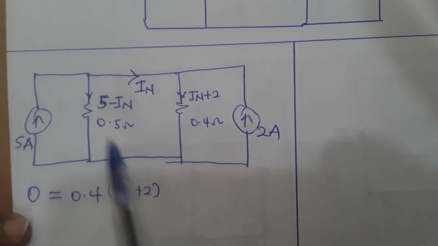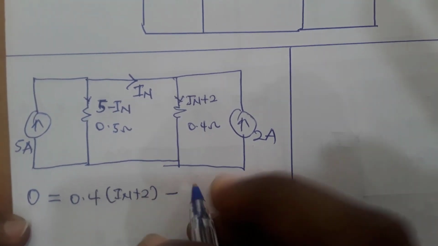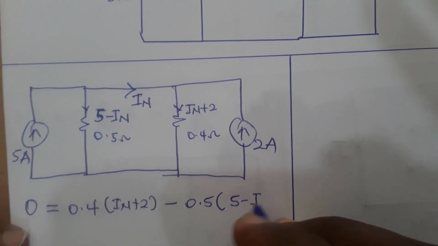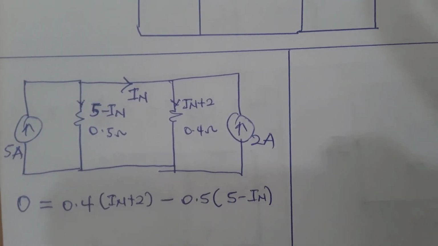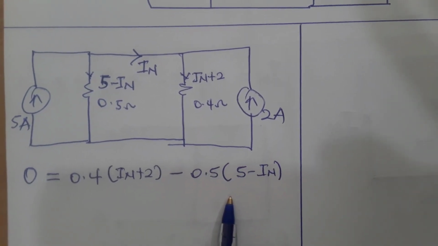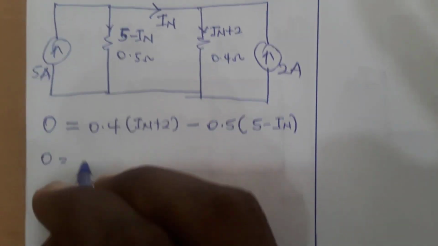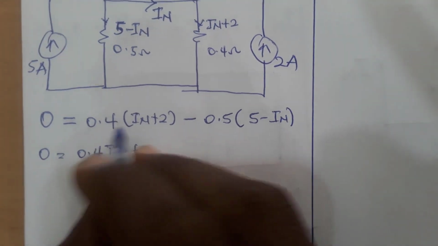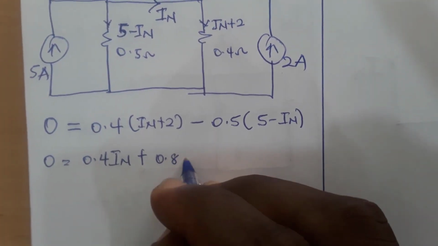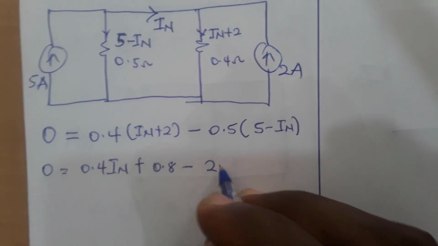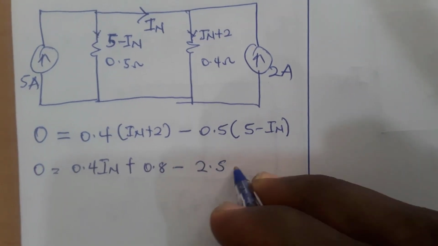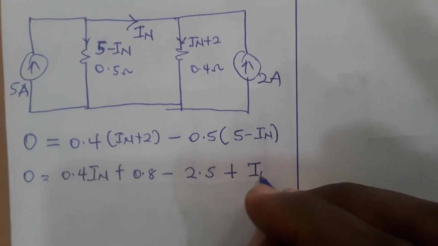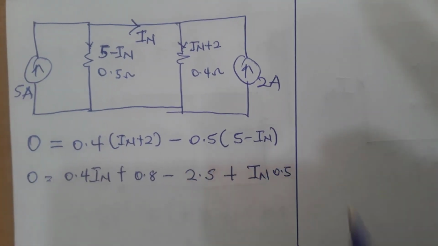This current is countering our direction, so this one will be minus 0.5 multiplying 5 minus IN. With this equation, we can find the value of IN. So 0.4 IN plus 0.4 times 2, that is 0.8, minus 2.5, that is 0.5 times 5, plus, because we have negative, it will give us IN 0.5.